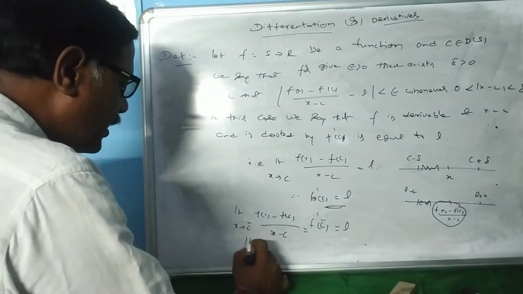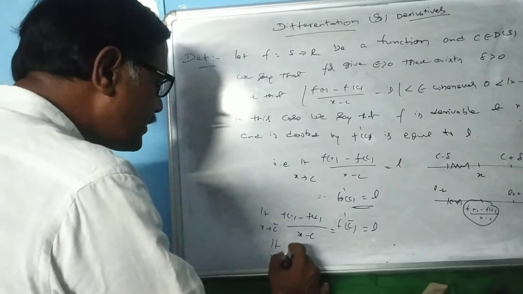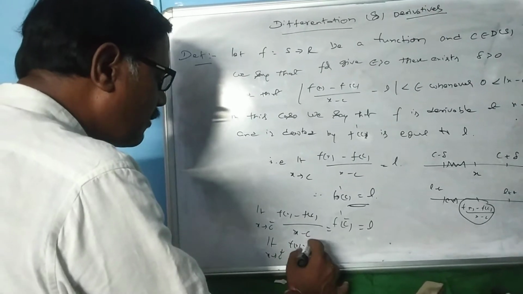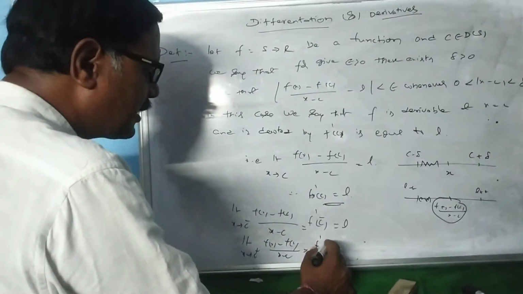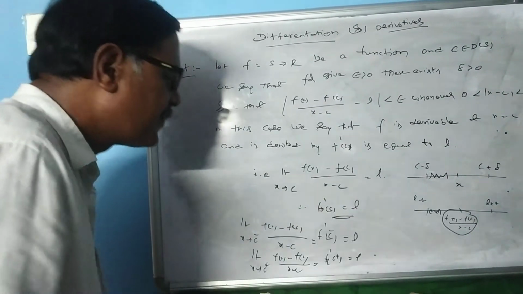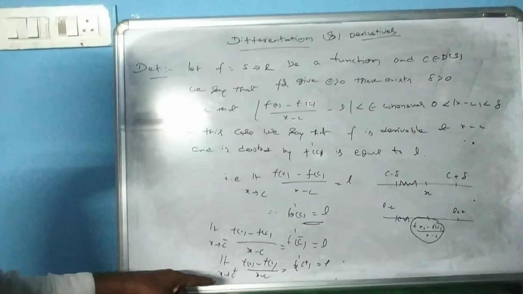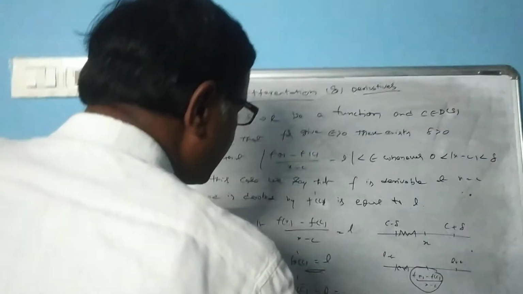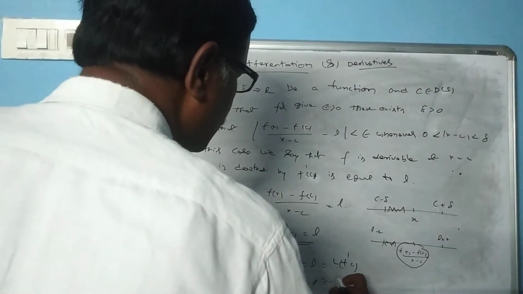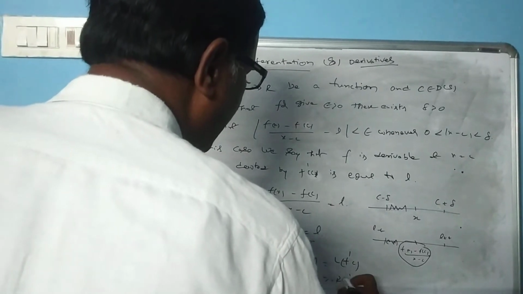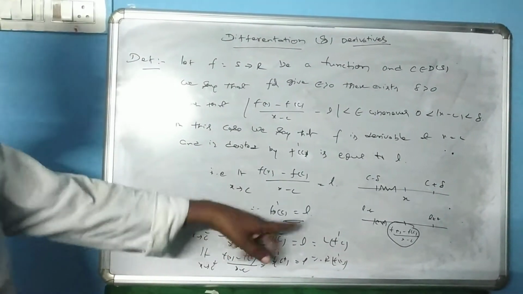Similarly, the limit as x tends to c plus of (f(x) minus f(c))/(x minus c) is equal to f dash c plus, equal to L. In this case we say that f is right derivable, also denoted by R f dash c. The left and right derivatives must be equal.